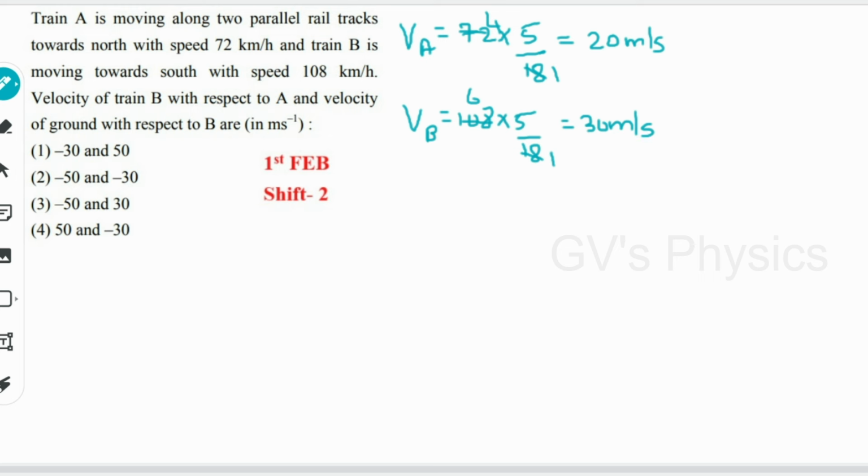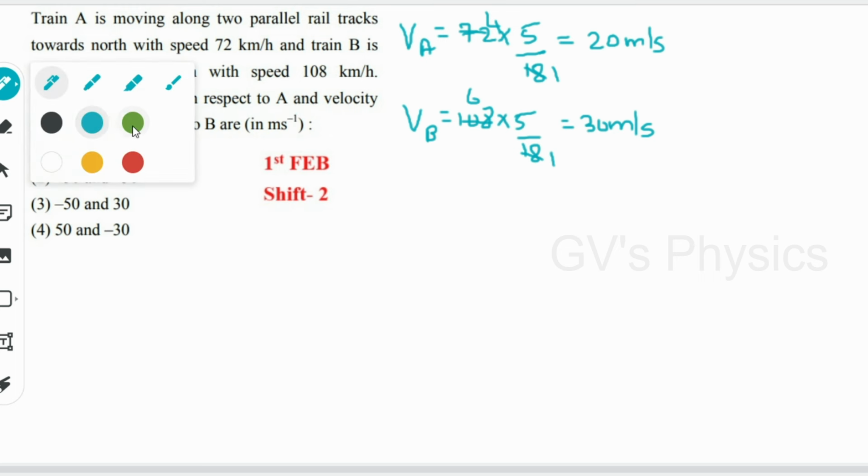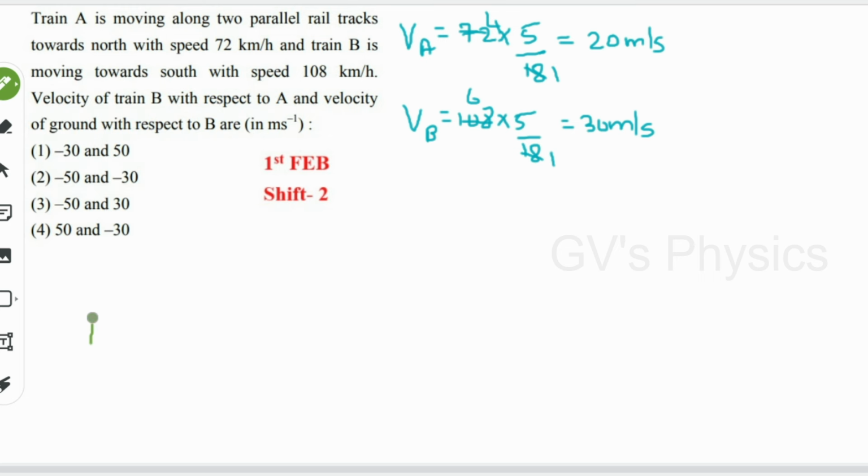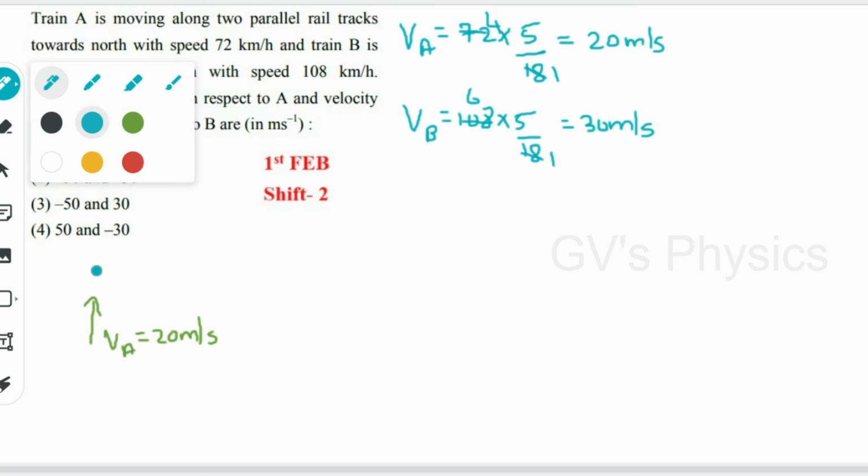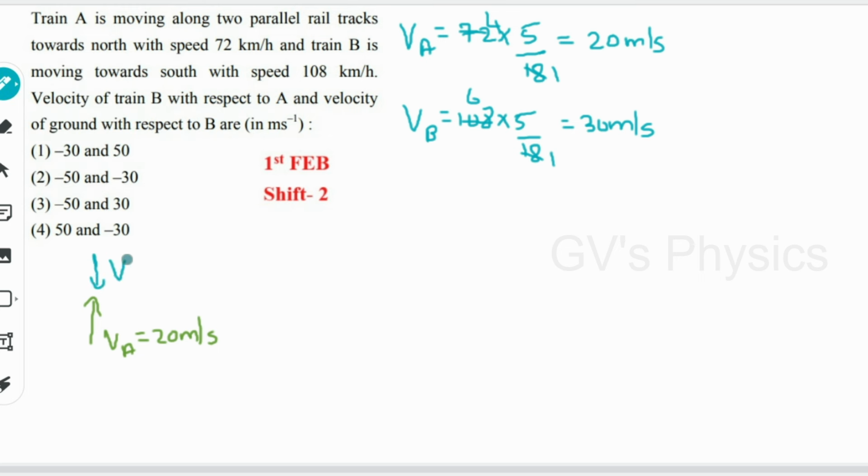Okay. So the question is velocity of B with respect to A. So we have to see the velocity with respect to A. So the train A is moving towards north. We can take that as positive. So north direction, velocity of A is plus 20 meter per second. So we'll see train B. It's moving south, which is in opposite direction. Opposite direction means we have to substitute as minus.